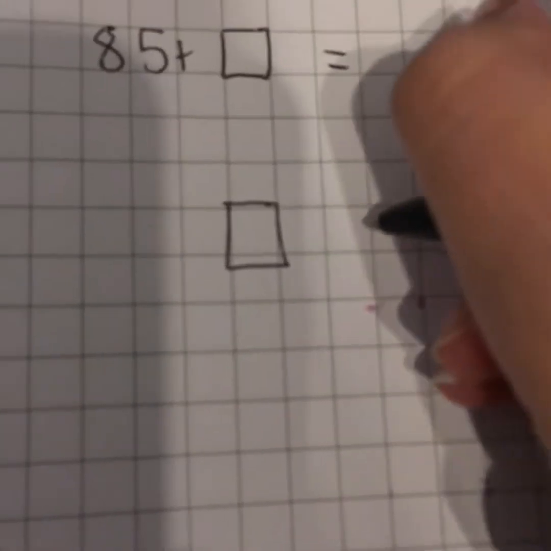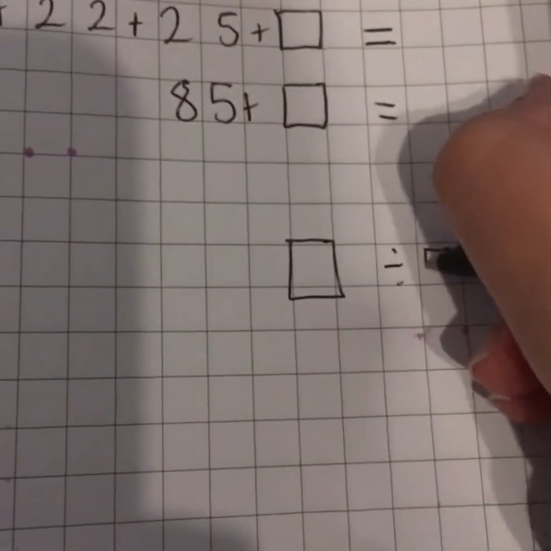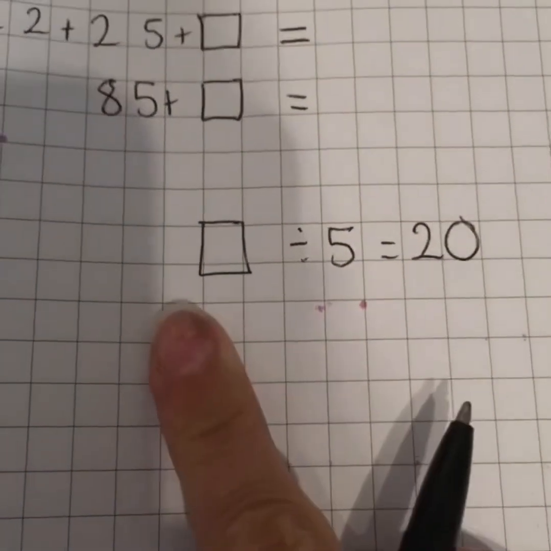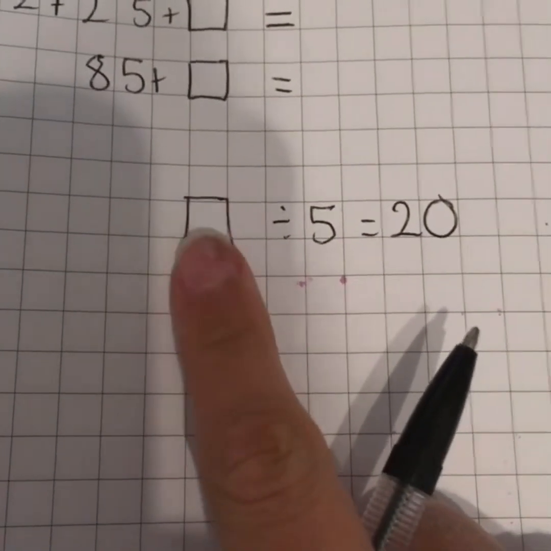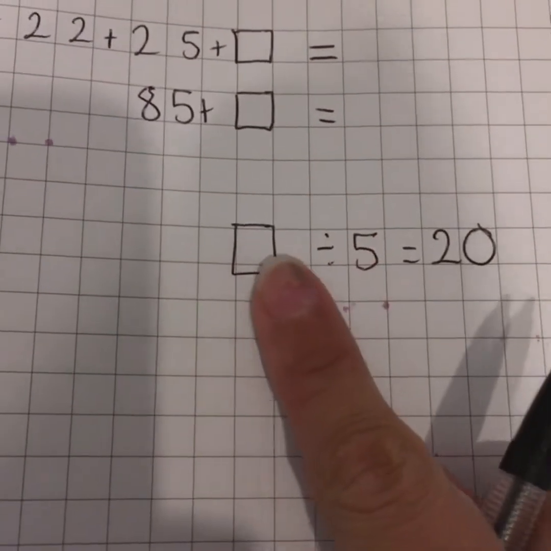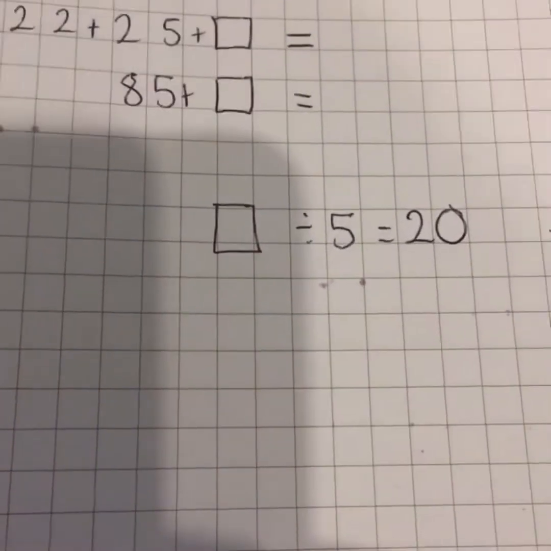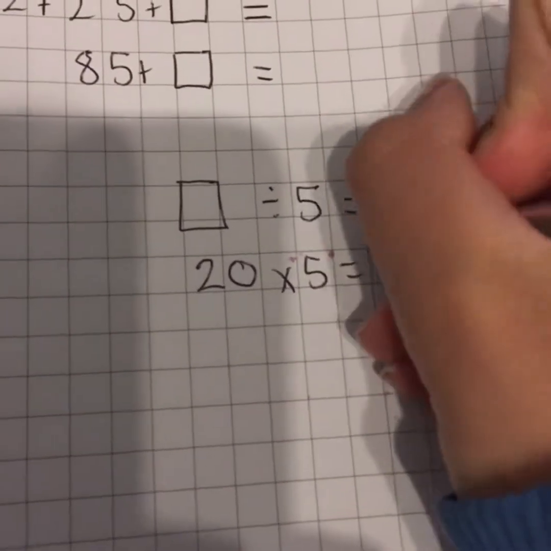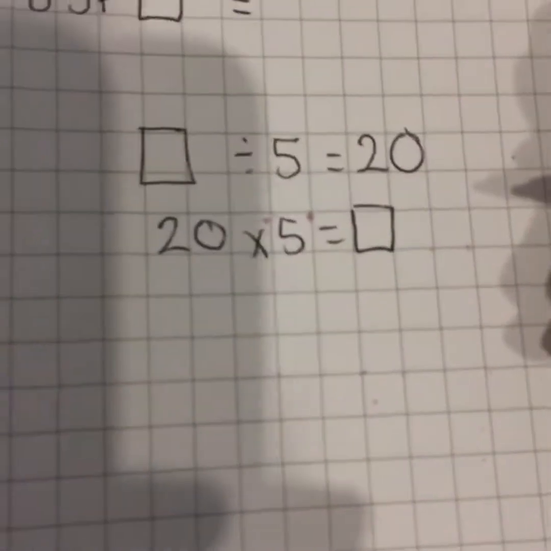So normally I would do the total. I would divide it by 5 and my answer would be 20. But I don't know this box here. So what am I going to do? Well, if I know that something divided by 5 is 20, I know that 20 times by 5, using the inverse, equals the total.